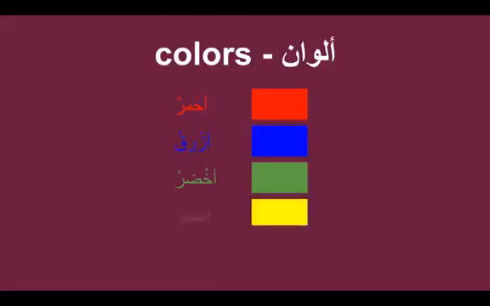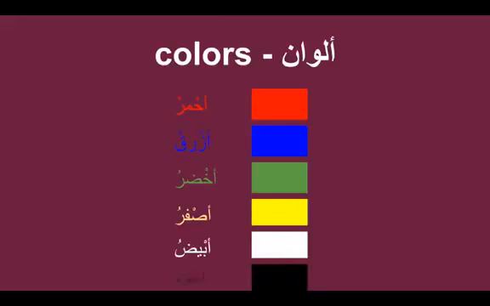And yellow is called asfaru. And white is called abyadu. And black is called aswadu. So we got ahmaru, azraqu, akhdaru, asfaru, abyadu, and aswadu. These are the colors. Just remember before we go to our main lesson.